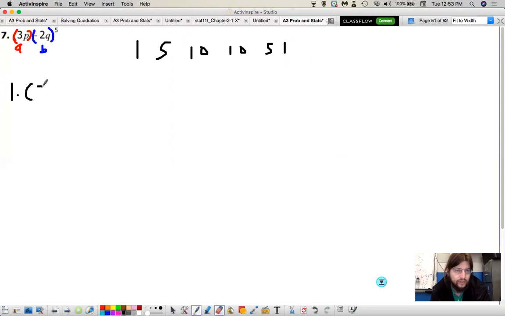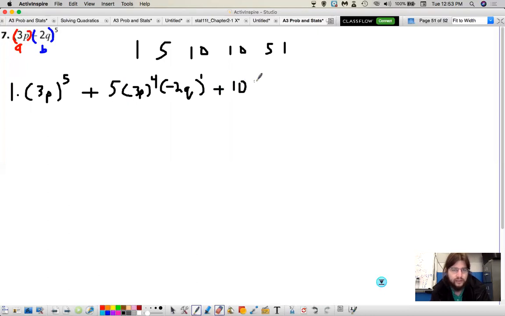1 times 3p to the 5th, plus 5 times 3p to the 4th, negative 2q. I would group p's and q's together. Plus 10 times 3p cubed, negative 2q squared.